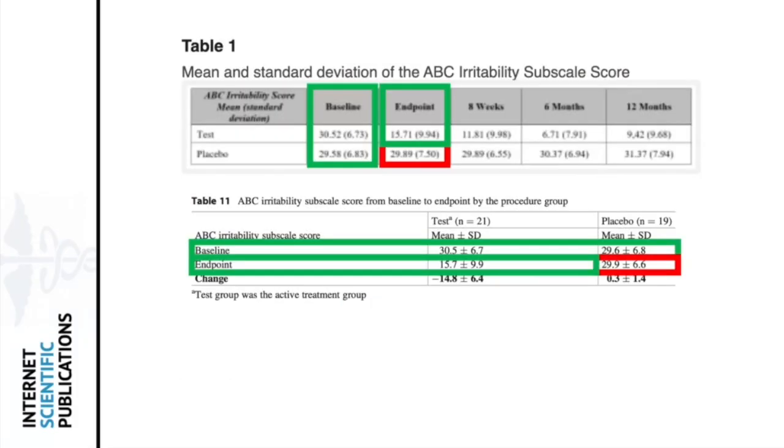But then if you look at other things, in the secondary publication you have the ABC irritability score at baseline and at endpoint. You can see that for the test group, it's exactly the same values. At endpoint, it's also basically the same value. If you look at this one and this one, it's the same.